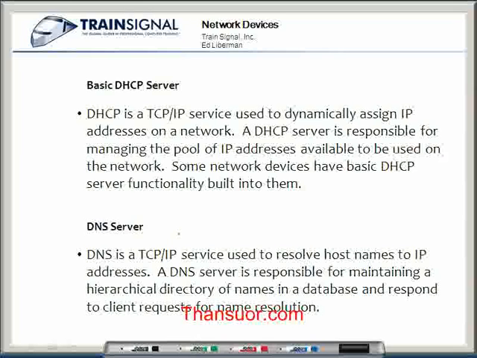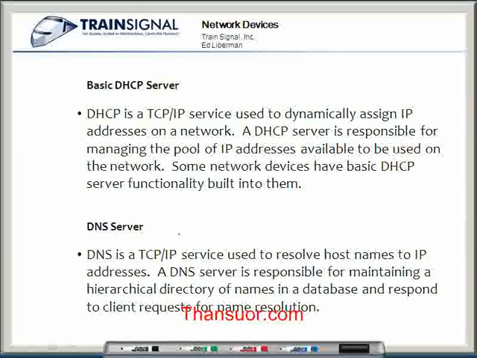Well, again, some network devices, and I could use the exact same example, your cable modem or DSL router, will have basic DNS functionality built into them. And then also, certain operating systems, like Microsoft Server operating systems, will have extensive DNS server capabilities where you can do all kinds of stuff with all sorts of different types of DNS records, meaning instead of just name to IP address lookup, you might also be able to recognize a computer that provides a certain service, or possibly you might locate an email server, which has a separate type of record.